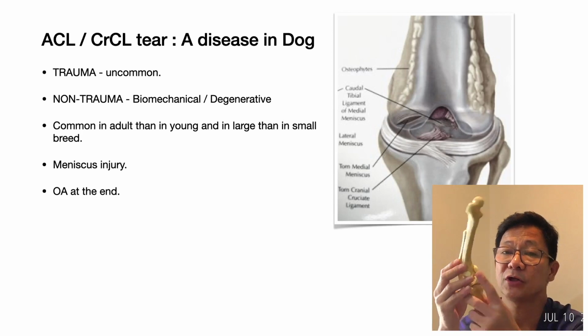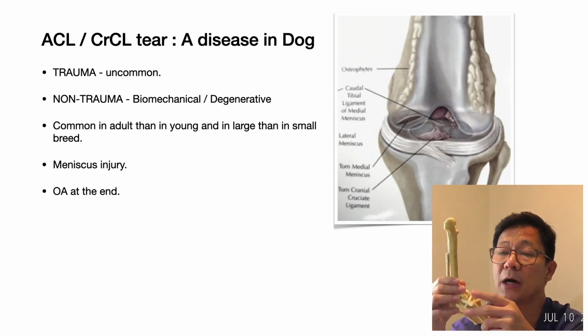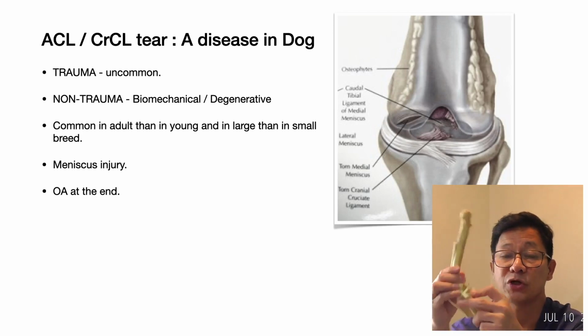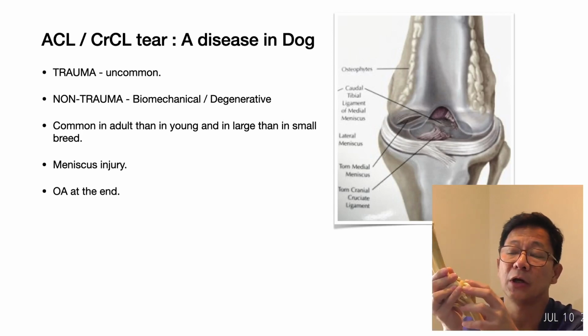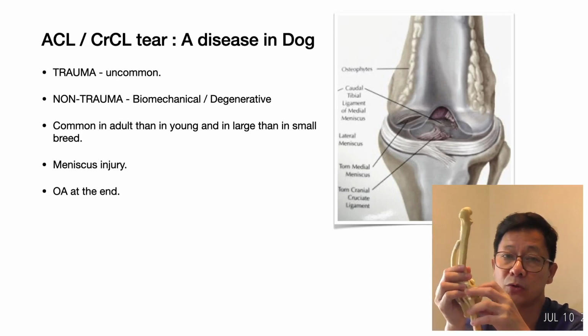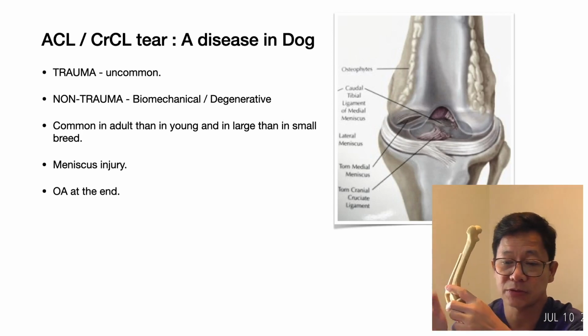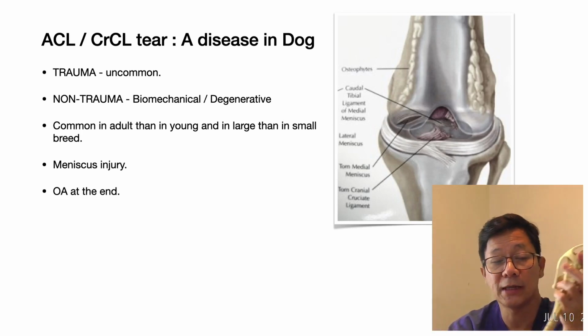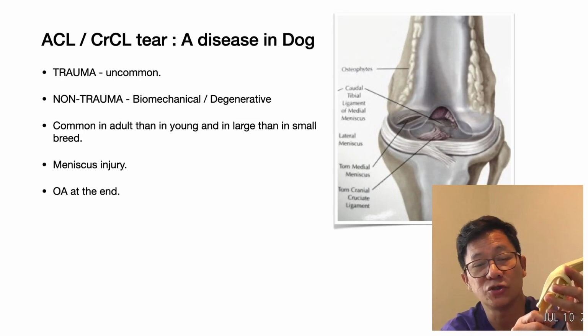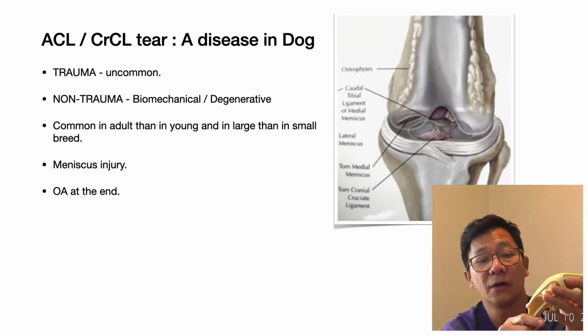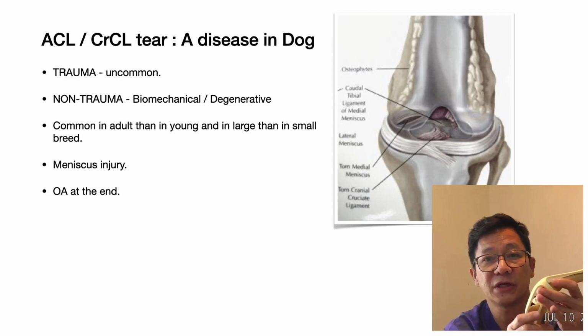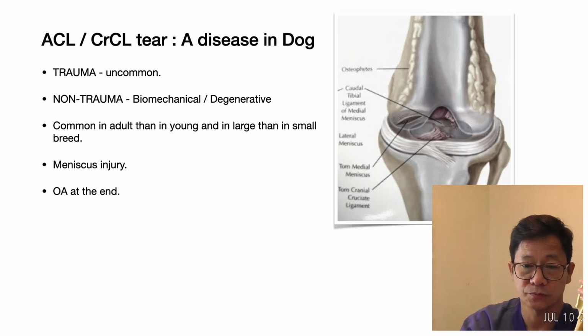So once nagkaroon na torn ligaments, fractured cranial cruciate, the friction and the rubbing of the condyle towards the plateau can cause damage to the meniscus, especially the caudal meniscus. Then, kakaroon na ng osteoarthritis due to inflammations, no? Reaction to pain, which is irreversible condition.